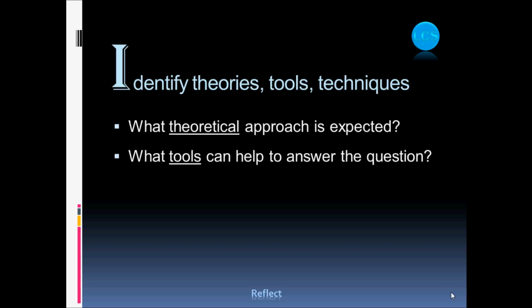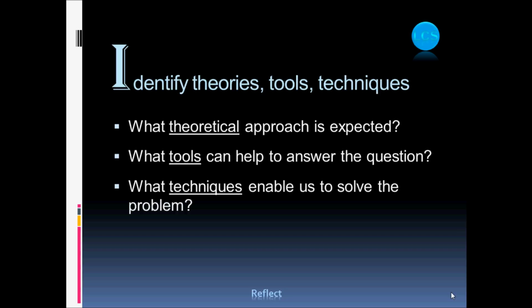So, for example, frameworks, acronyms, diagrams, tools that will enable us to put the answer together in a systematic way. Then, to use the techniques that enable us to solve the problem. We need to know that we need to use specific accounting techniques, mathematical techniques, statistics, or logic. All of these, if properly identified, will enable us to do a thorough job of answering the question or questions correctly.